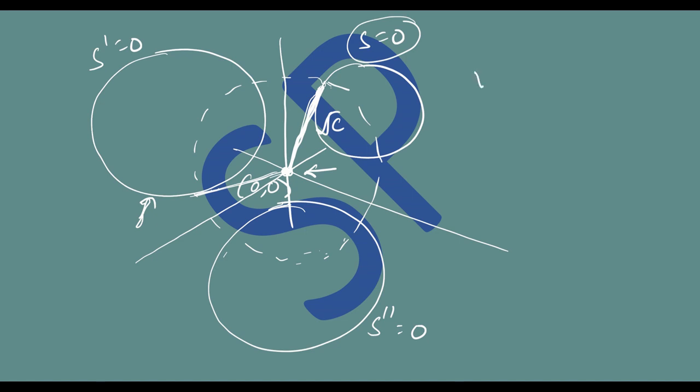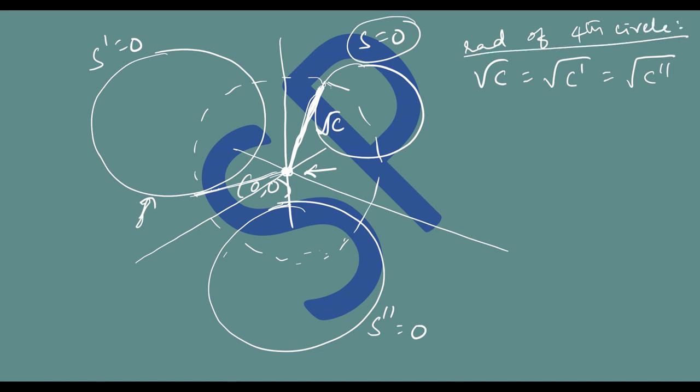It means that root c is equal to root c dash. Similarly, that will be equal to root c double dash, and this is going to be the radius of the fourth circle. So from this I can conclude that, squaring throughout, c is equal to c dash is equal to c double dash.